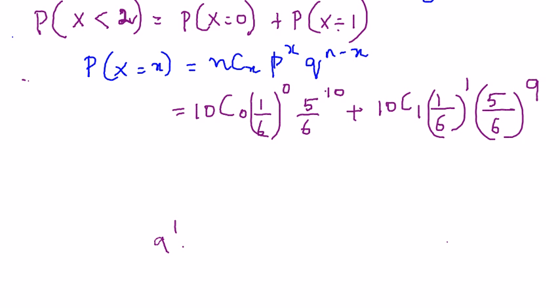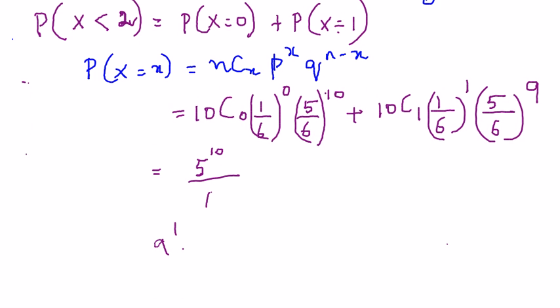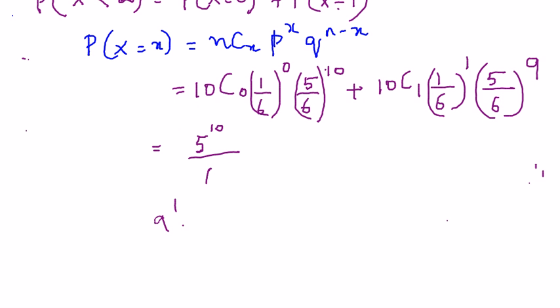And now we'll write this as 10C0 is nothing but 1, and 1 by 6 the whole power 0 is again 1, and I forgot to put a bracket here. So this will be 5 power 10 by 6 power 10 plus 10C1, which is nothing but 10 factorial divided by 9 factorial into 1 factorial, right?